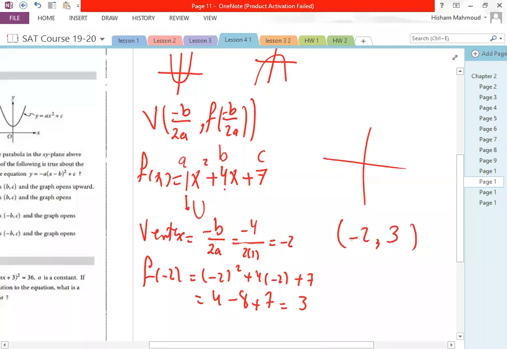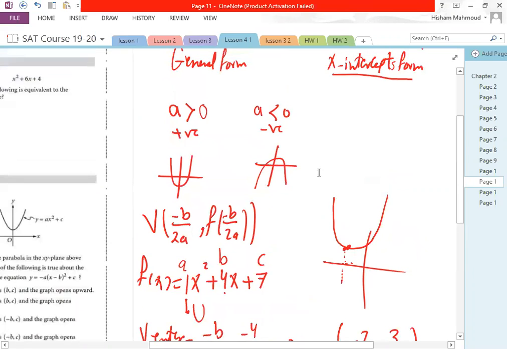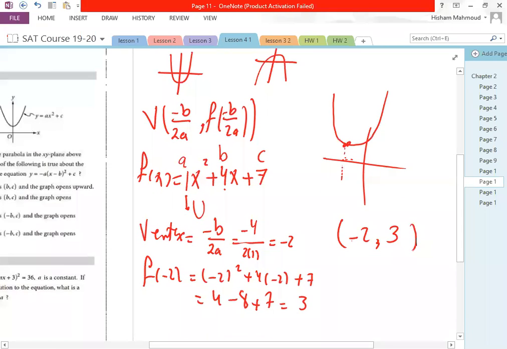You go to the point negative 2 and up 3, and you draw a curve, or a parabola. Here is the vertex, and we can notice that this parabola doesn't intersect the x-axis. This is all I need to know about the general form of the quadratic function.